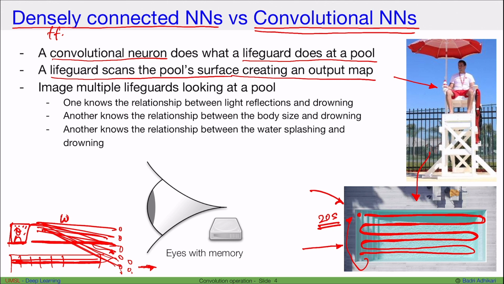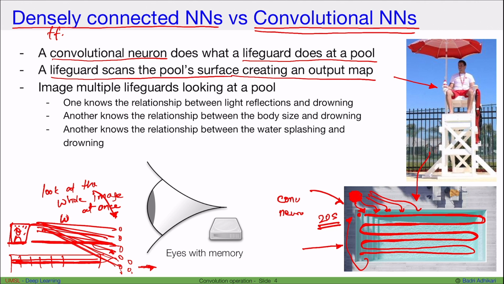Unlike regular feed-forward neural networks that look at the whole thing, the whole image, at once, in the case of a convolutional neuron, you have one very tiny neuron that looks at one place at a time and then keeps moving, looks at another piece, another place, and keeps moving until it finds what it's looking for.